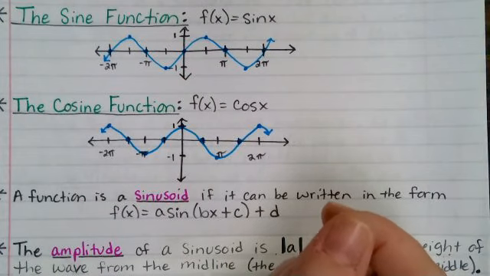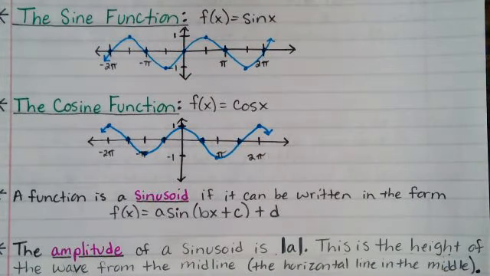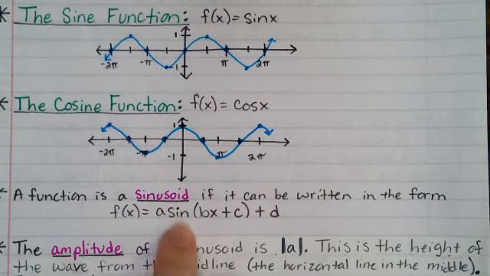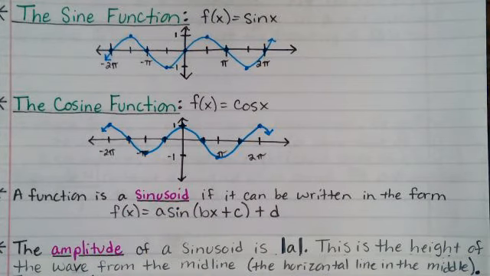So technically, you can write a cosine function as a sine function as long as you write out the transformations correctly to show that it was shifted. Since you can write it as a sine function, we consider that a sinusoid. So both sine and cosine functions fit into this category, even though you see it just say sine right here. All right, so the A, the B, the C, the D, all of that is going to be referencing how the different transformations take place within your sinusoid.